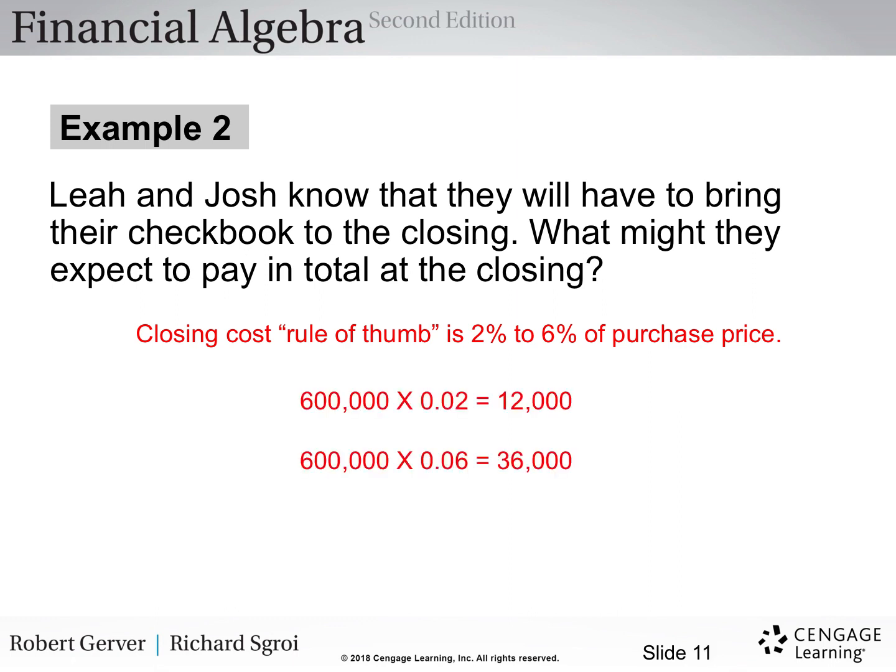So if you take 2% of 600,000, it comes out with $12,000. If you take 6% of 600,000, it comes out to be $36,000. So that's the range of amount of money that they can expect to pay in total at the closing.